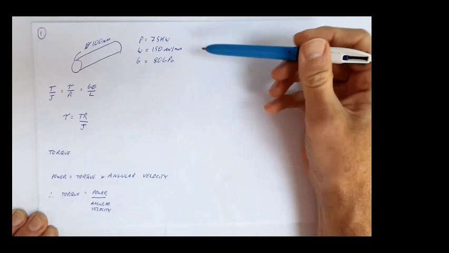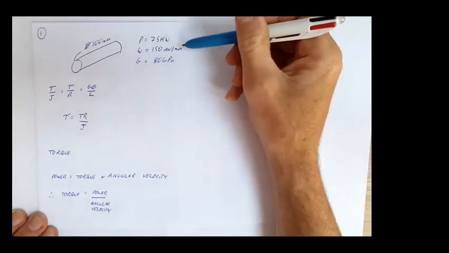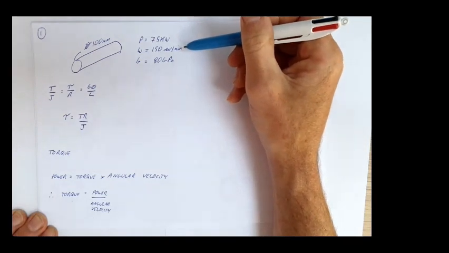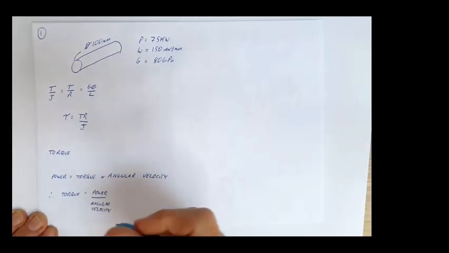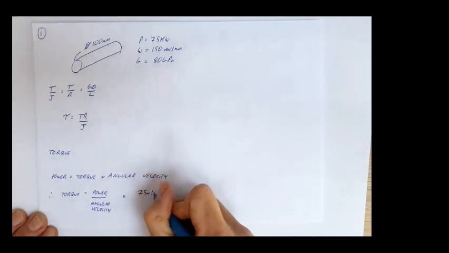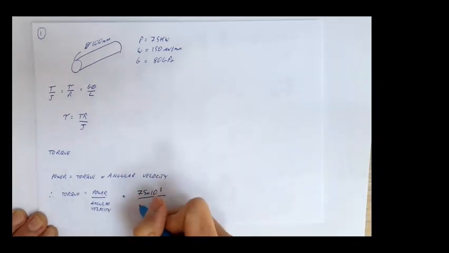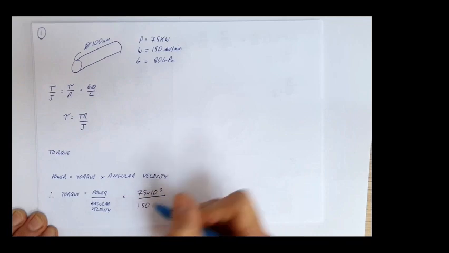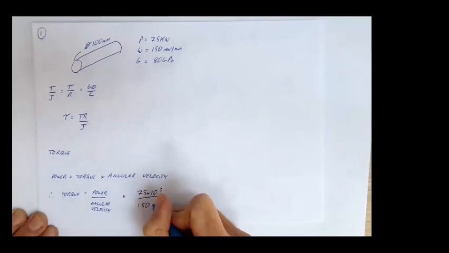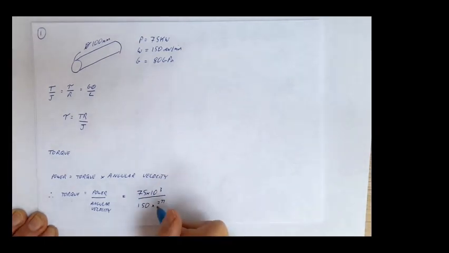Now we know that this is traveling at 150 revolutions per minute. Clearly we need to transfer that into radians per second. So our power, 75 times 10 to the 3, 75 kilowatts, divided by our angular velocity, which was 150 revolutions per minute, times by 2 pi radians per revolution, divided by 60, gives radians per second.